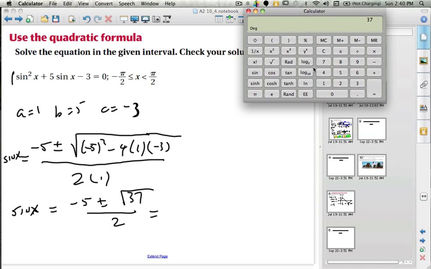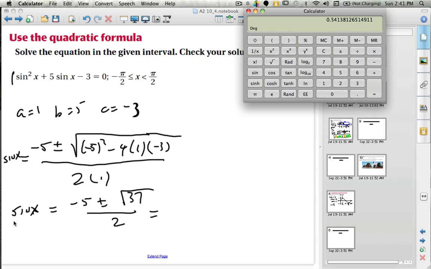So I'm going to have 37. The square root of 37 is 6. Let's put minus 5 and divided by 2. So 0.54138.